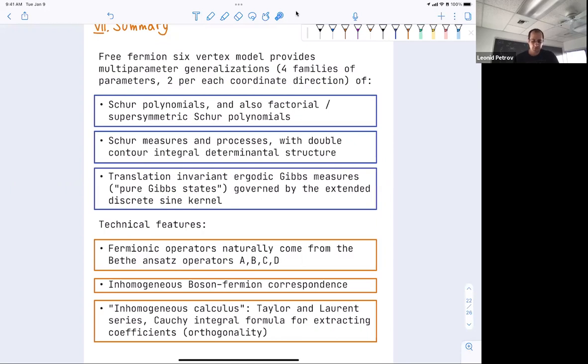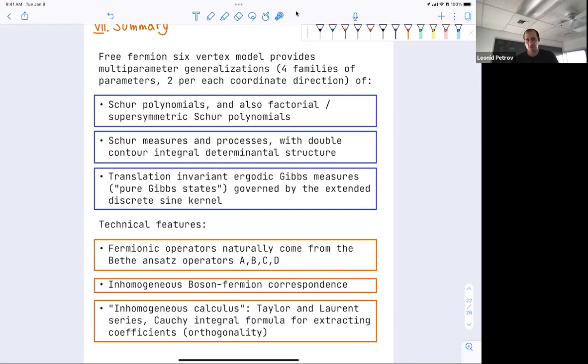And on the technical side, we have the inhomogeneous Fock space, the inhomogeneous boson-fermion correspondence that is informed by ABCD algebraic Bethe ansatz operators. And the last thing, which I didn't mention in detail, is that there is some kind of inhomogeneous calculus where we have Taylor and Laurent type series for any functions f of u and v.